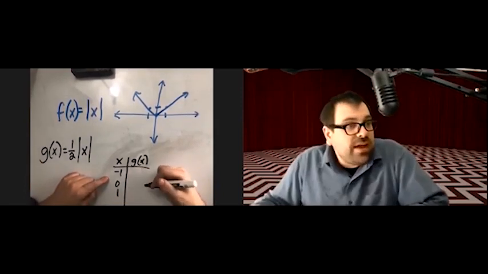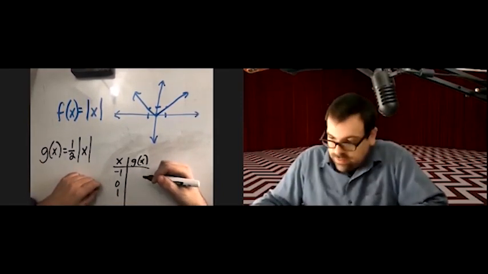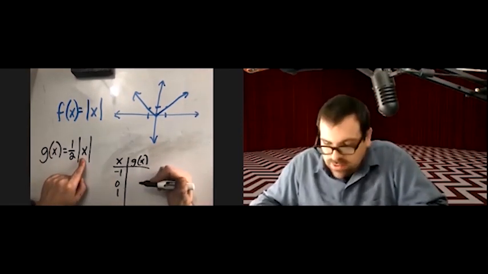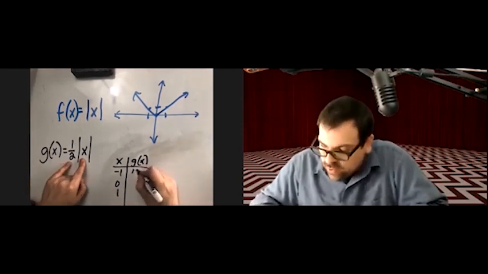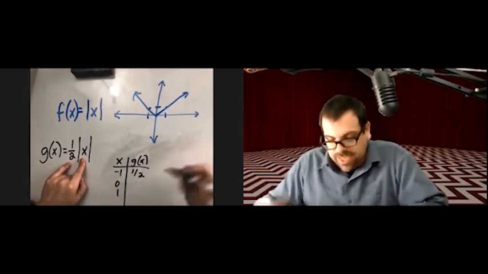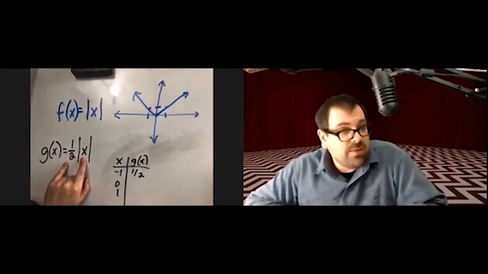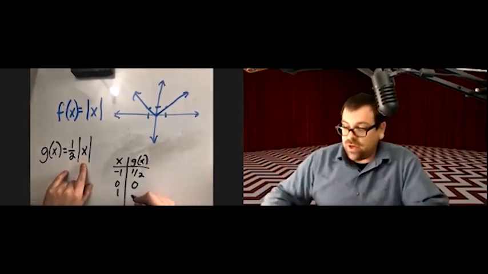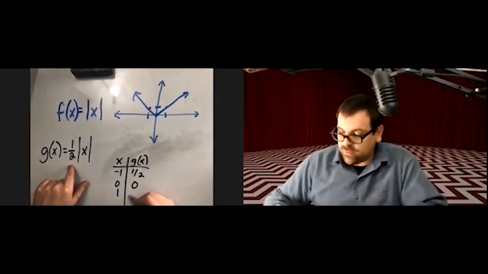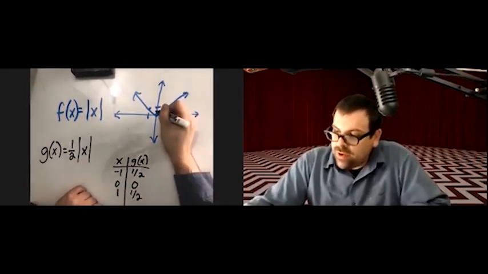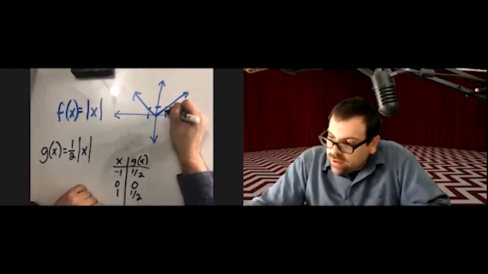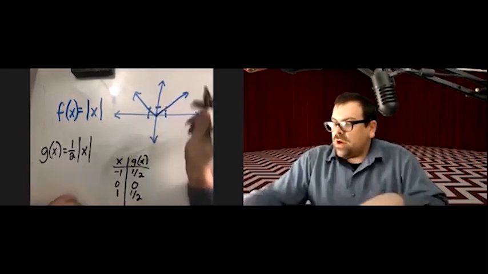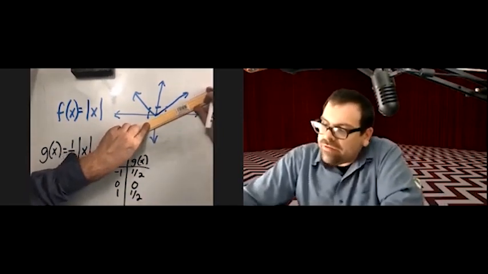We'll take the absolute value and then take a half. The absolute value of -1 is 1. 1 times 1/2 is 1/2. The absolute value of 0 is 0. 0 times 1/2 is 0. The absolute value of +1 is 1 times 1/2 is 1/2. So here, instead of going up to 1 on the y, the values are actually at 1/2.